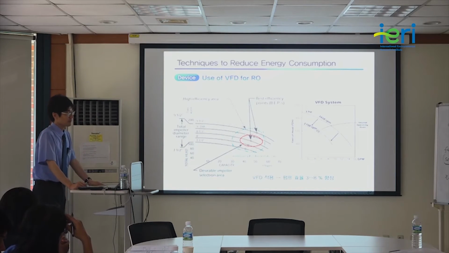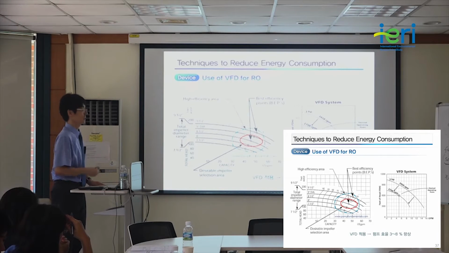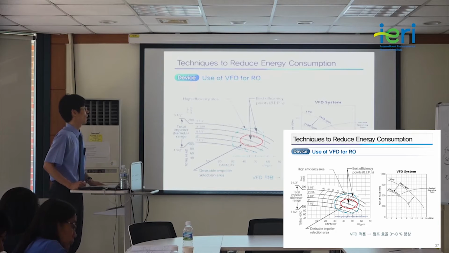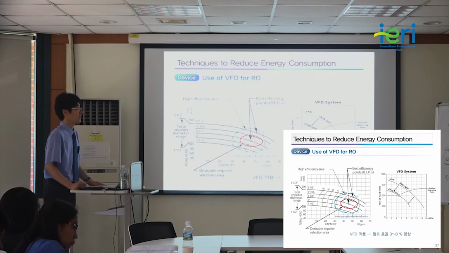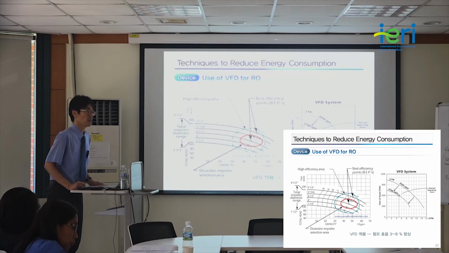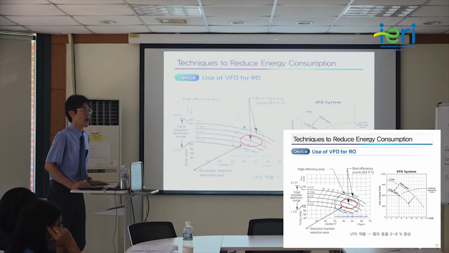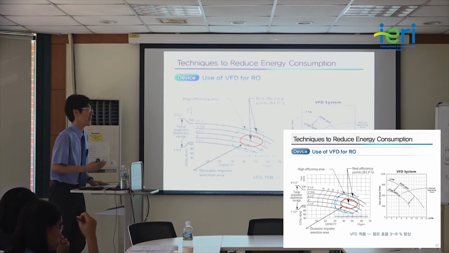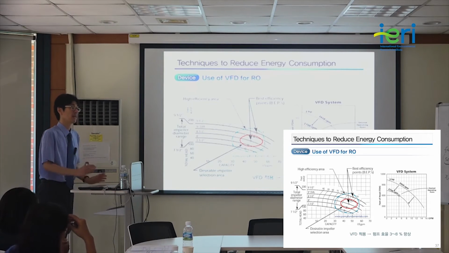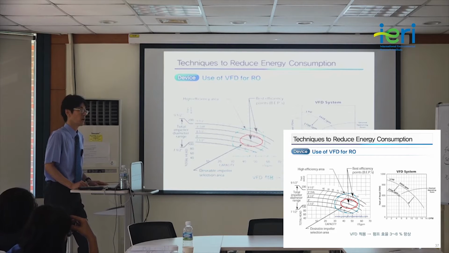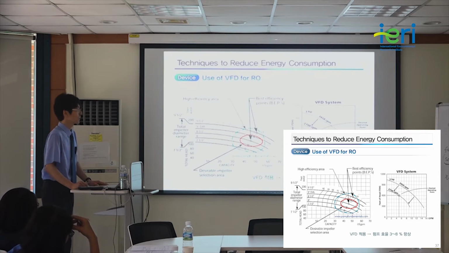Another thing that we have to look at is the variable frequency drive, VFD. VFD is a device to control the speed of the motor so that the pump can change its production rate or its pressure depending on the loading of the system.